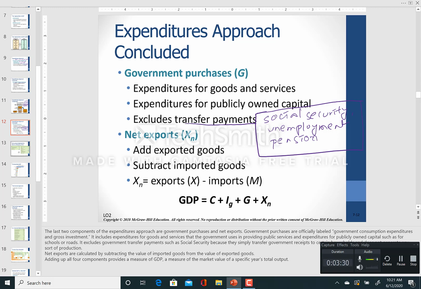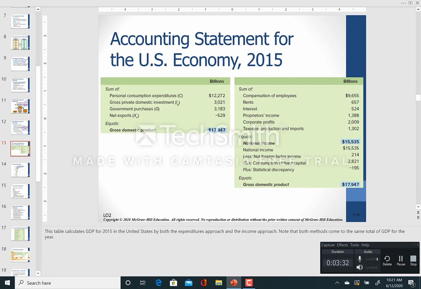Now, if I look at the next slide here, we calculated data from the US economy from 2015. This part is gross domestic product from the expenditure approach. That means I'm adding up.